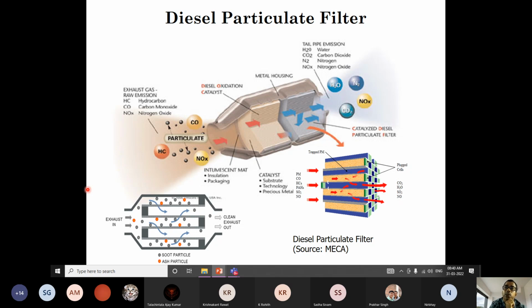You will be surprised to know that the number density of particulates present in the exhaust is on the order of 10 to the power 7 particles per cc. They are very small, and their size can vary from 30 nanometers to around 120 or 160 nanometers, with the maximum mostly at around 80 to 100 nanometers. So they are such small particles, and very large in number.